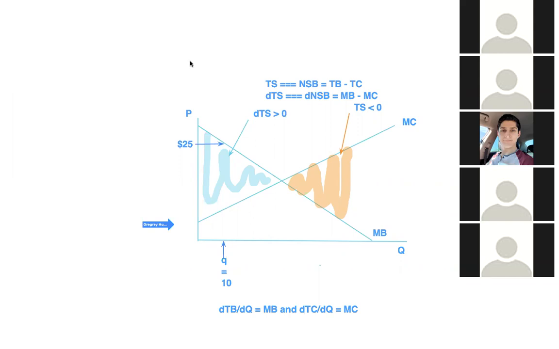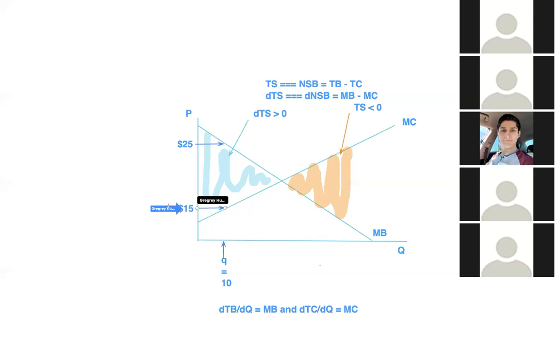And so we can identify that cost of production as being the height at Q equals 10 of the marginal cost function. That's the cost of that unit. So let's say that this is like $15. We'll move it over a little bit and draw another little arrow.